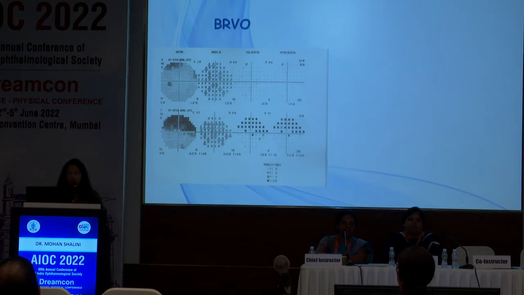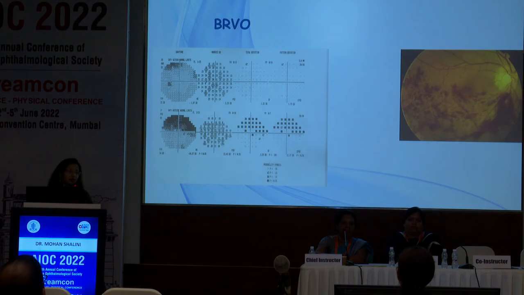So we dilated the patient, and what we found was a large BRVO in this particular patient. Always examine the fundus whenever you are suspecting something more than simple progression.